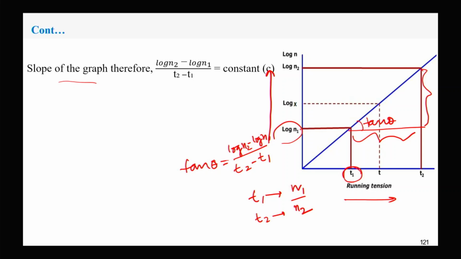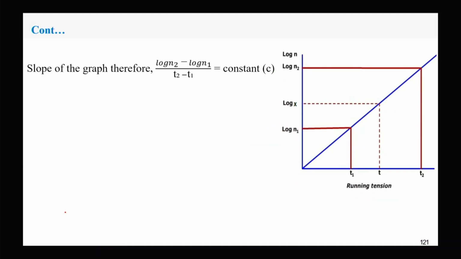This is the slope of the curve, which is constant for any point. So if we get the breakage rates at 2 points, T1 and T2, as N1 and N2, in that case we can calculate the breakage rate at any tension T using the equation.